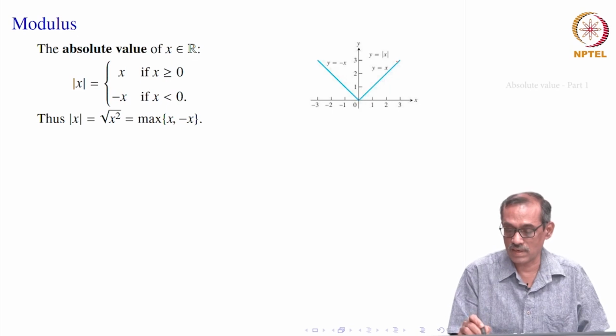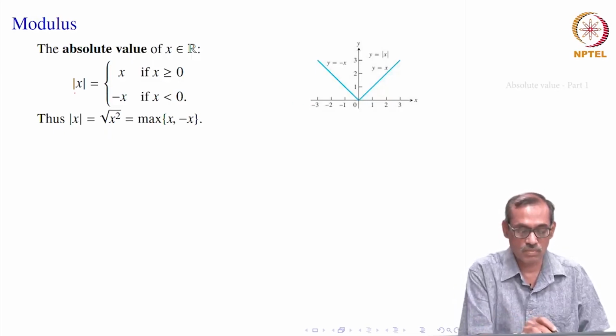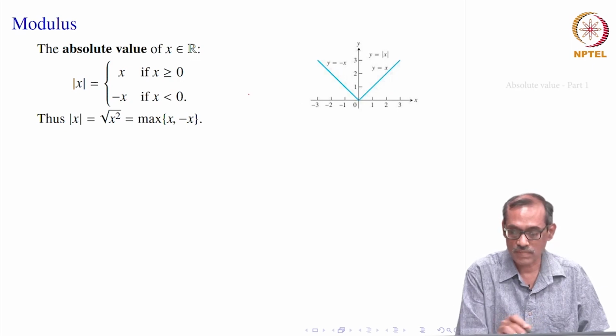In the first quadrant you get the straight line y equal to x. That gives the graph of mod x. And on the other side, y will be equal to minus x, because y is mod x and x is negative here. So, mod x must be minus of x, and it is the line y equal to minus x. This is how we plot the value of mod x with respect to each x.